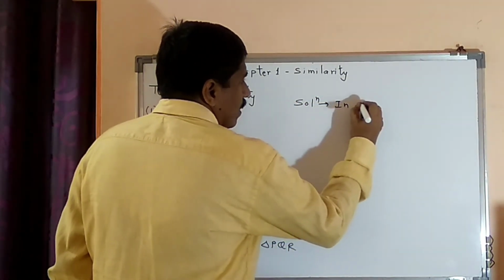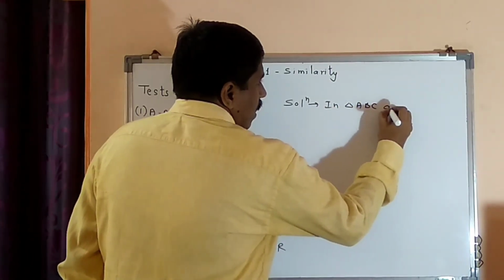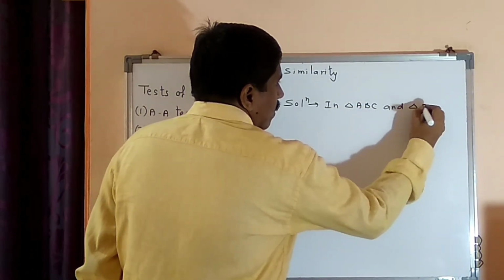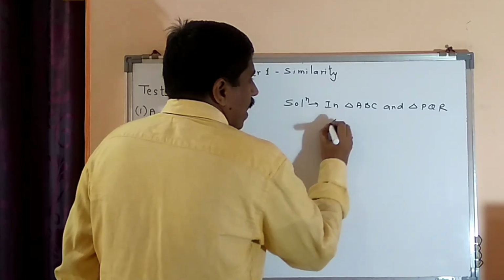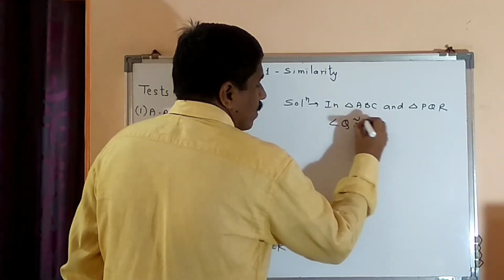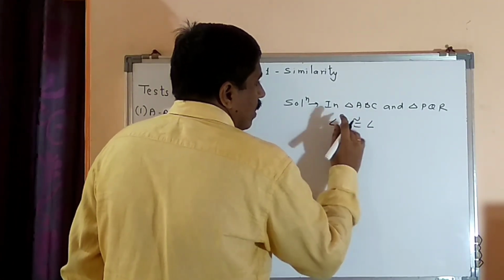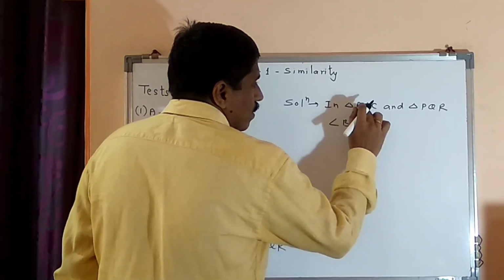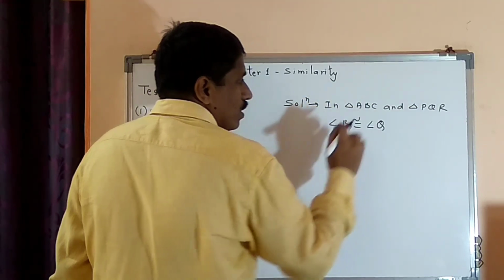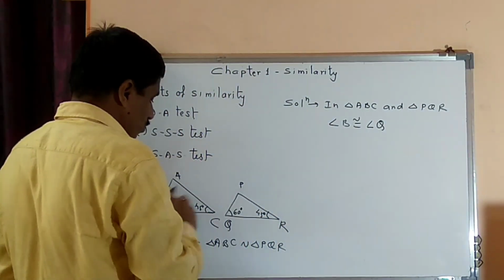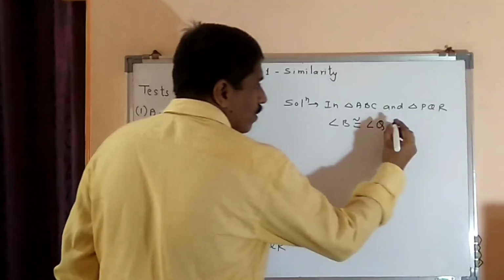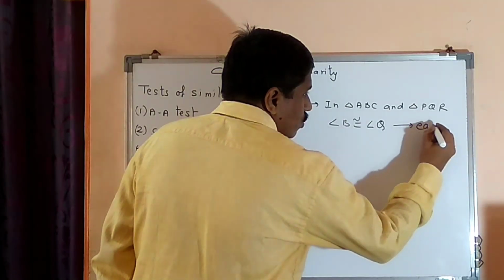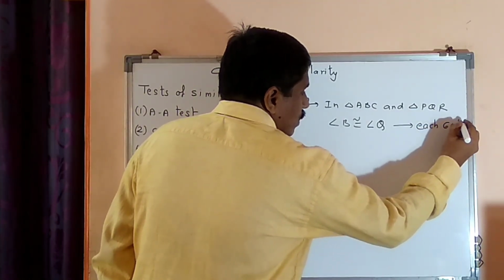In triangle ABC and triangle PQR, angle B is congruent to angle Q because B and Q are corresponding angles of the 2 triangles which are congruent, because each is 60 degrees.